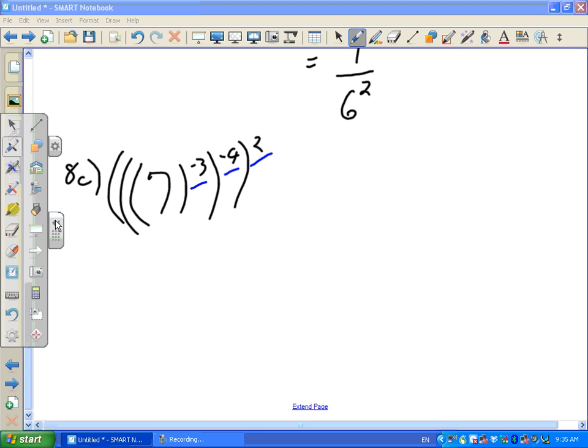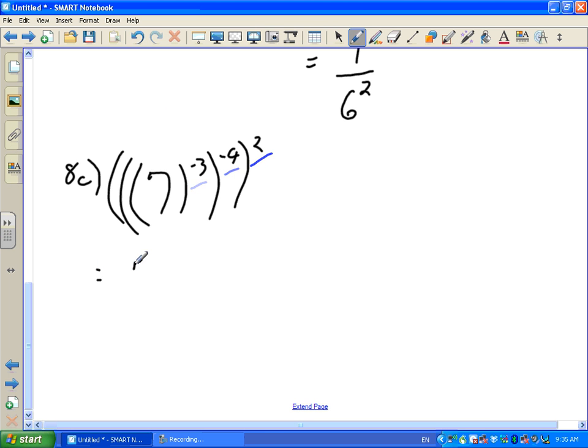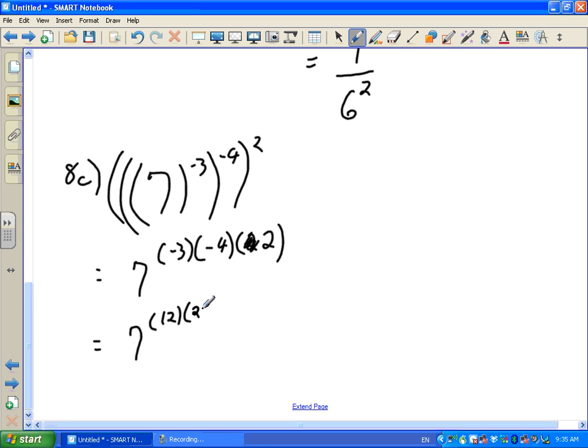My base stays the exact same, so I'm left with 7, negative 3 times negative 4 times 2. Negative 3 times negative 4 is, anyone know? 12. 12 times 2, 24. 7 to the power of 24.